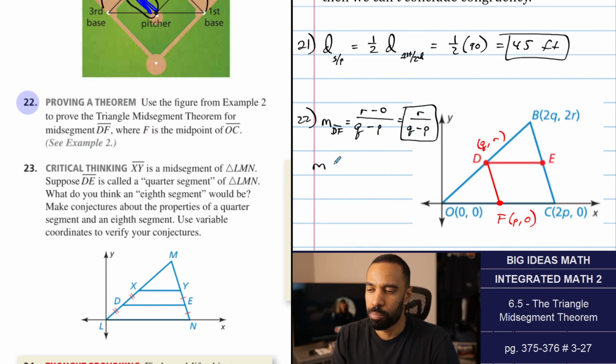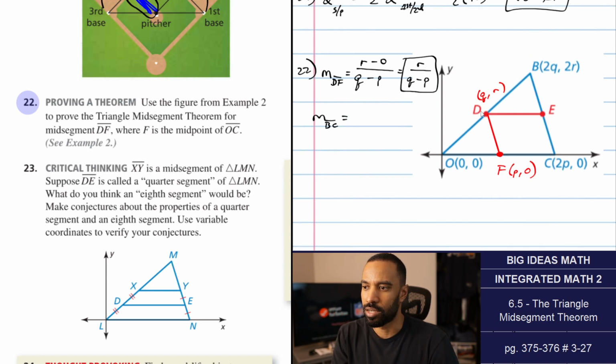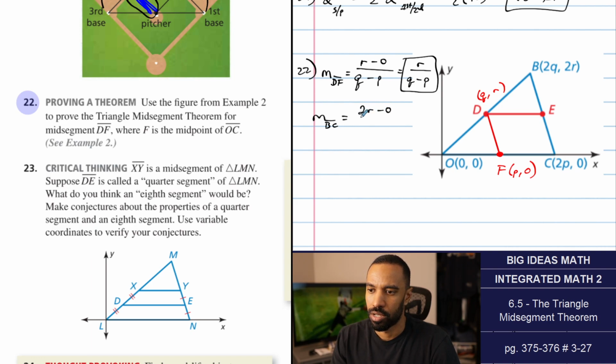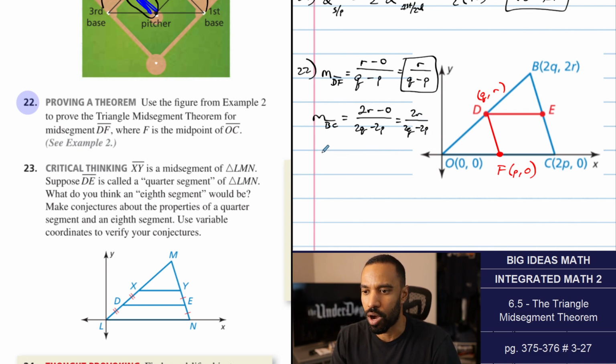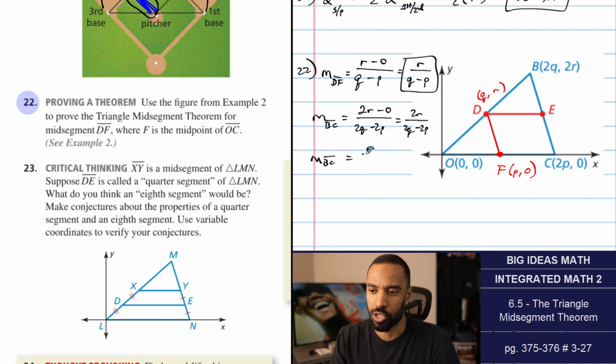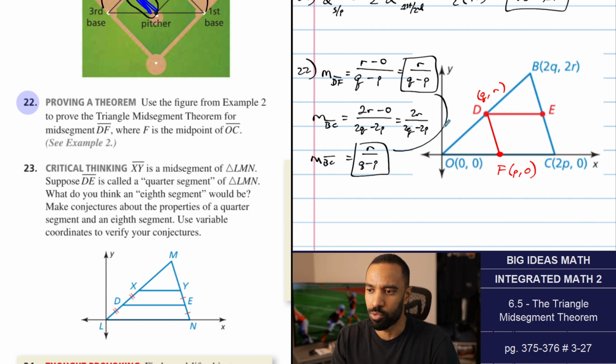Now the slope from B to C, again, y2 minus y1 is 2r minus 0 over x2 minus x1, 2q minus 2p. That's 2r over 2q minus 2p. You get a common factor of 2 all throughout here, so you can divide all these by 2, and you get r over q minus p. That means these are the same slope, which means these are parallel.